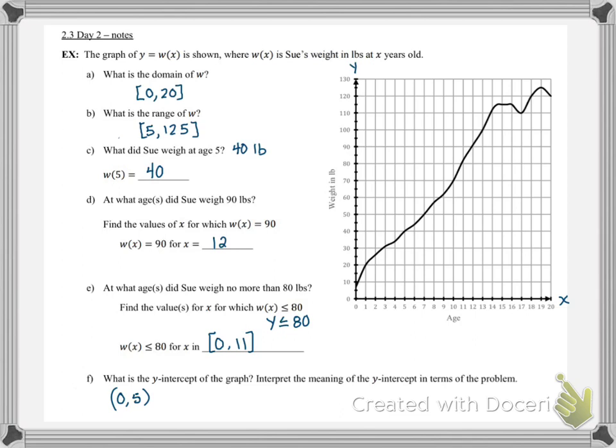What does that 0, 5 tell us? Yeah, it's her birth weight, right? When she was 0 years old, so when she was born, she weighed 5 pounds. So birth weight was 5 pounds. 10 might have been a little healthier.